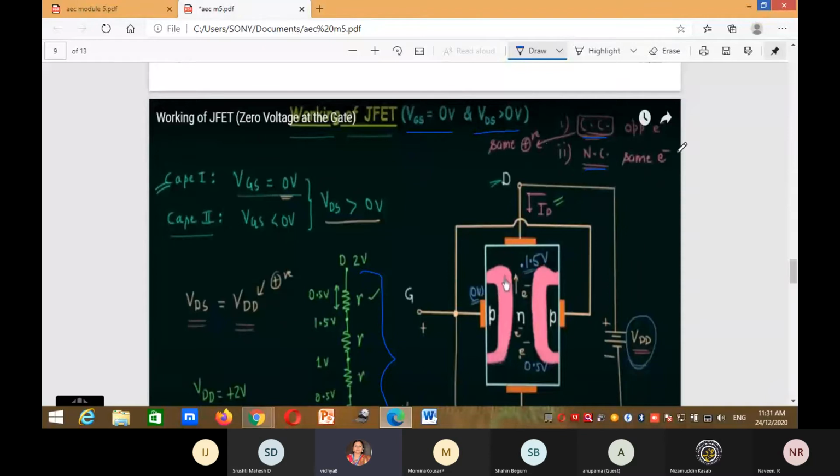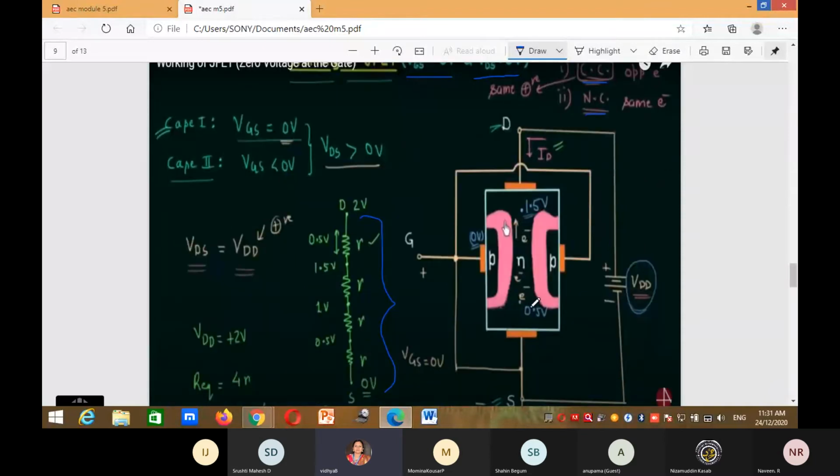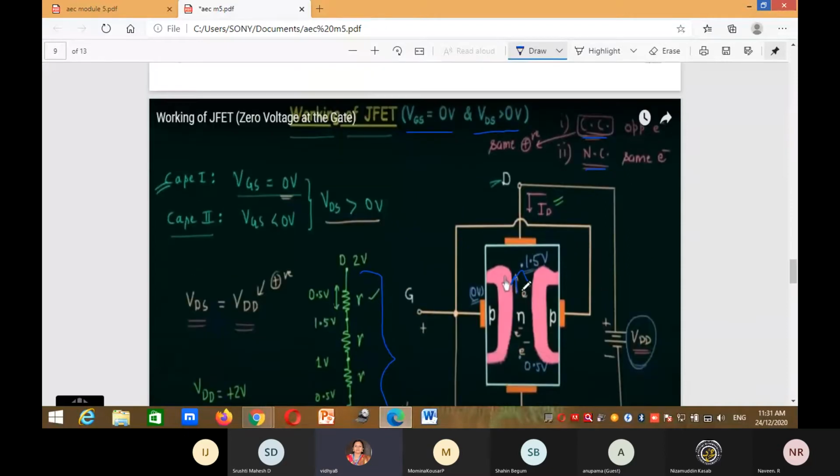If electrons are flowing in this direction, then ID will be opposite to this. When electrons are flowing like this, the drain current will be opposite.